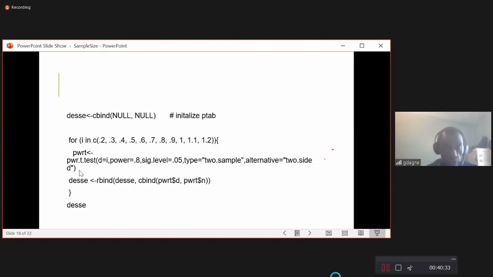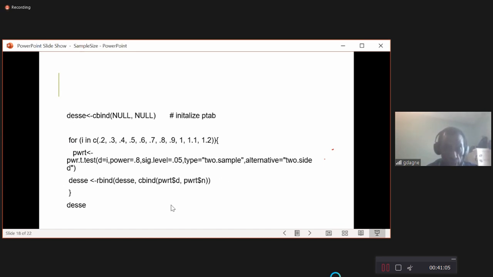I calculate the power for each one of these; the effect size changes from 0.2, 0.3, 0.4, so the d value equals i. Wherever the first round, 0.2, and so on, goes through that, I fixed the power at 0.8, the same, to sample alternative.